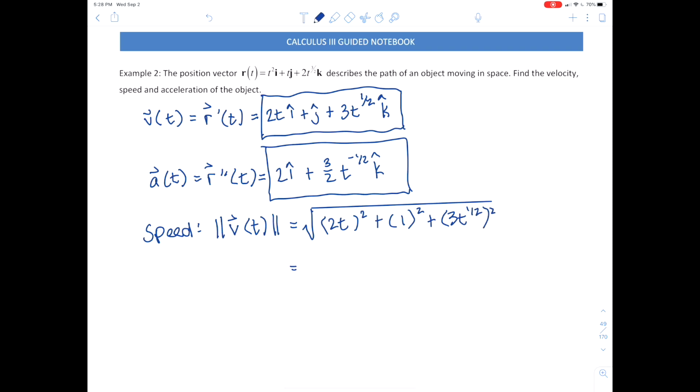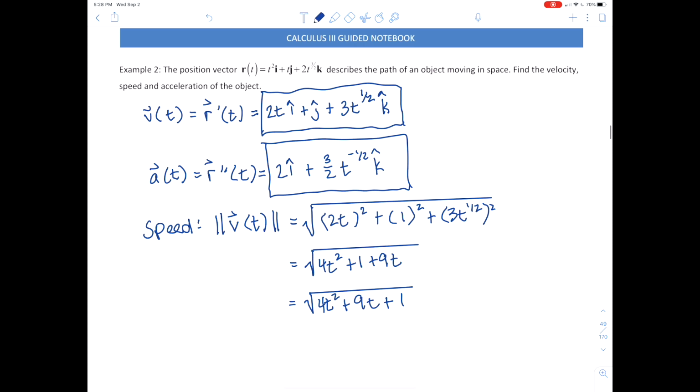And so that's going to be the square root of 4t squared plus 1 plus 9t. And if we put it in descending powers of t, we'll have 4t squared plus 9t plus 1.